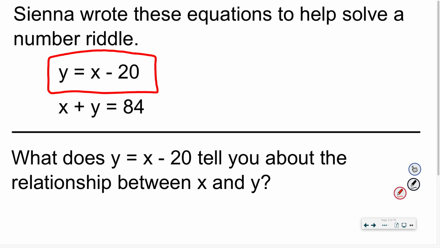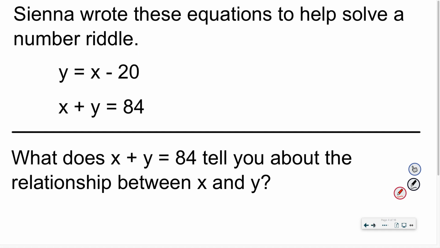Right, so if I look at that equation, y equals x minus 20, what does that equation tell me about the value for y? No matter what x is, what would y be? 20 less than x. No matter what x is, y is 20 less than that, right? So if x is 100, what's y? 80. Yeah, if x is 300, what's y? 280. Good.